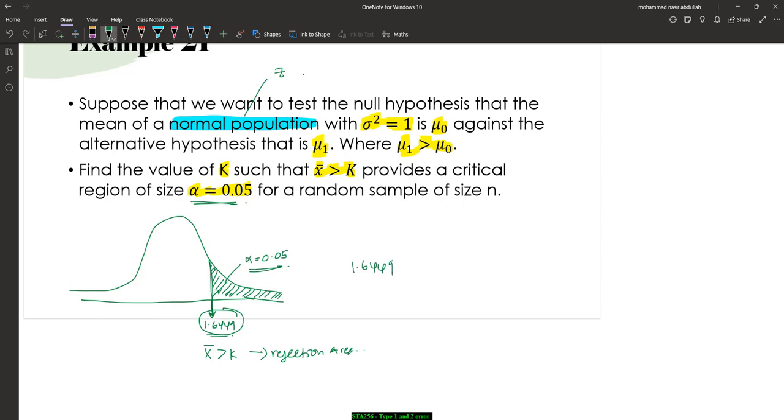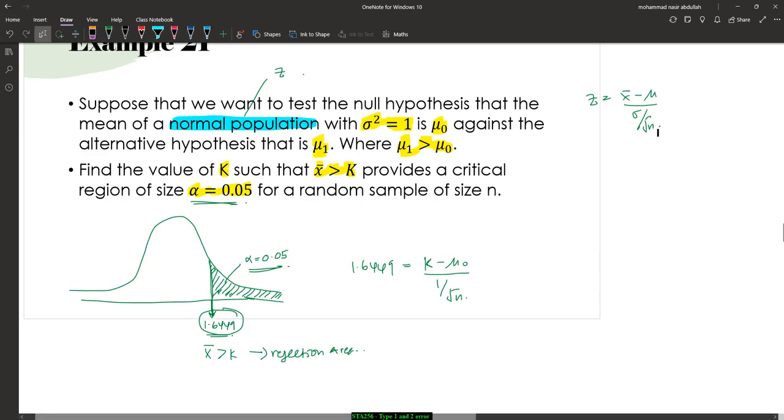1.6449 should be equal to the value of k minus mu naught divided by 1 over square root of n. So remember z equal to x bar minus mu divided by sigma over square root of n. So when we are looking into a sampling distribution, chapter number 2, right? Remember?